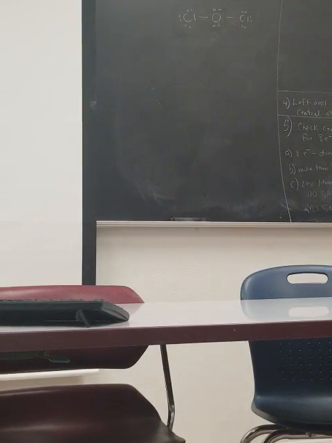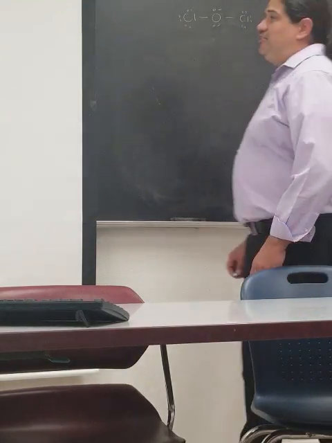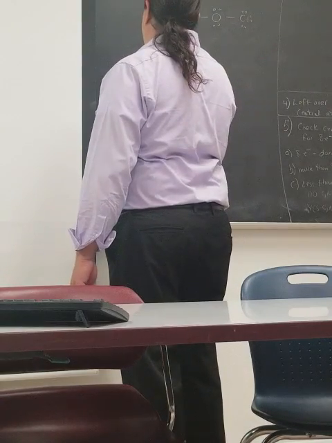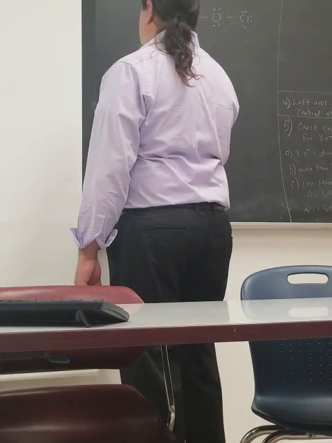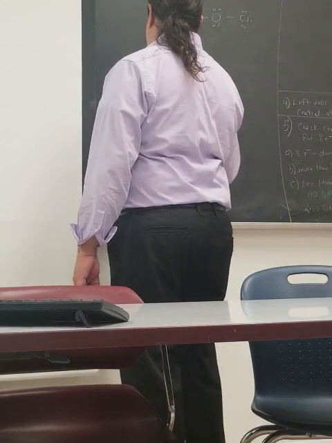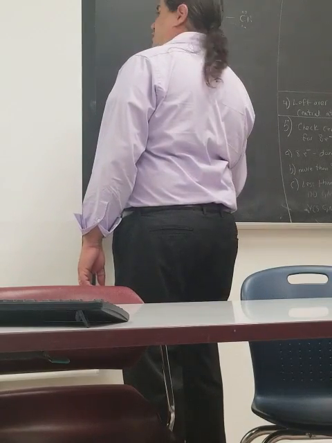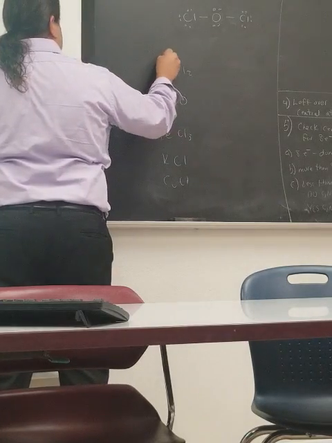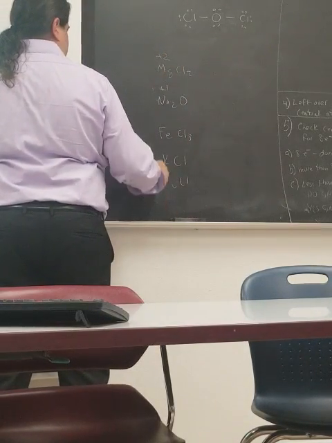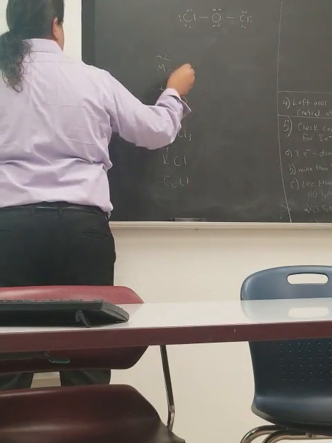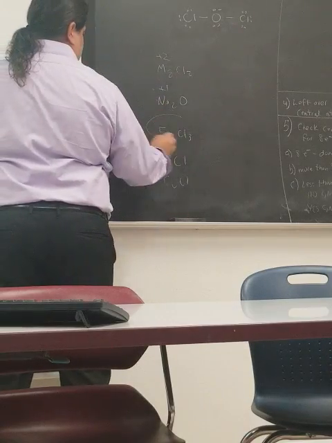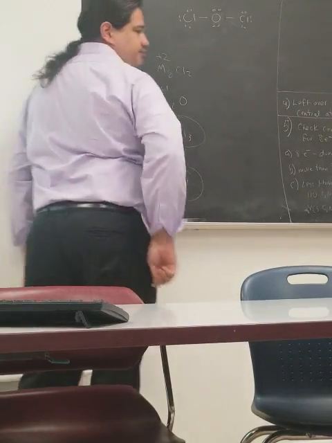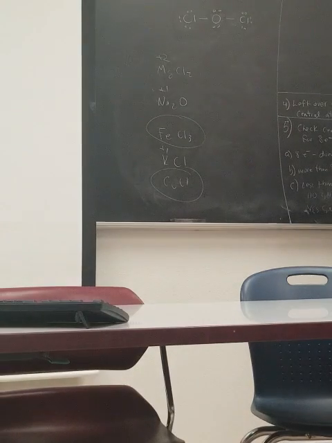Which of the following compounds contains an ion with a positive 3 charge? Group 2, group 1, group 1. So we can cross those out, which just leaves us with those choices.